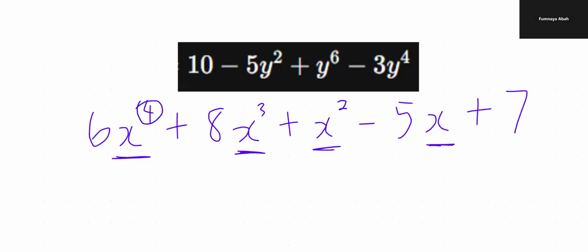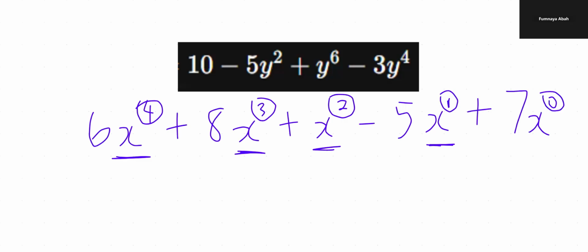The second term has a power of 3. The third term has a power of 2. The fourth term has a power of 1, because anything raised to the power of 1 is the number itself. And same with 7. 7 is the same as saying 7 times x raised to the power of 0, because x raised to the power of 0 is 1, and 7 times 1 is equal to 7. So we can see that the exponents of x are decreasing with each term we write.